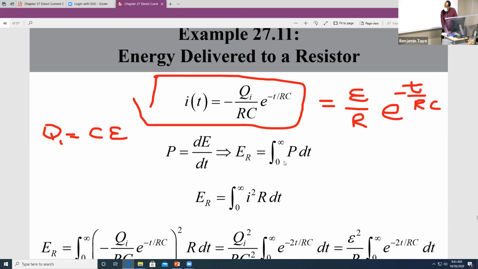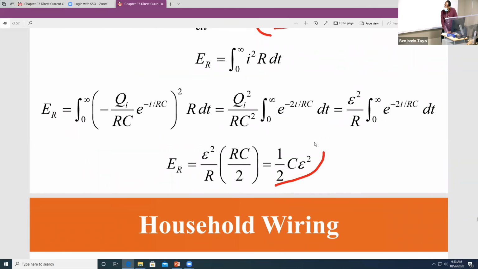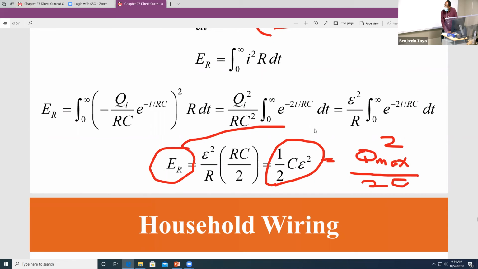Now take this and multiply by dt and integrate this from 0 to infinity. If you do that calculation well, you end up with this equation here. So again, notice that all of this is the same as Qmax. Which makes sense. So we're saying that the resistor is going to get 100% of the energy from the capacitor after a very long period of time.